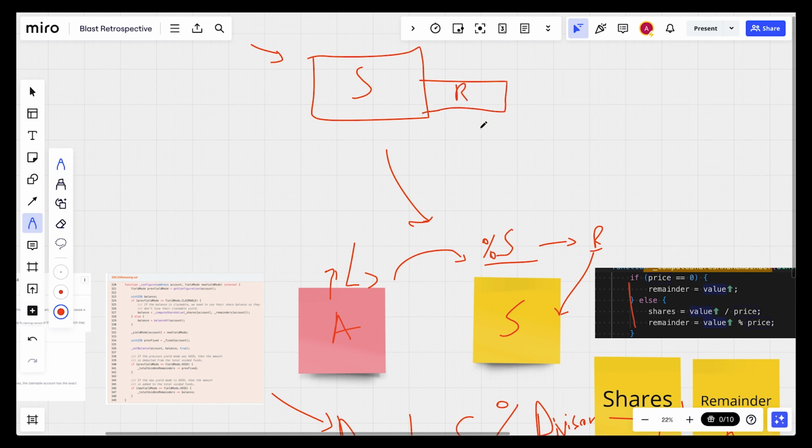So the remainder is stuck, the remainder is contributing to the yield but is gaining none of it.